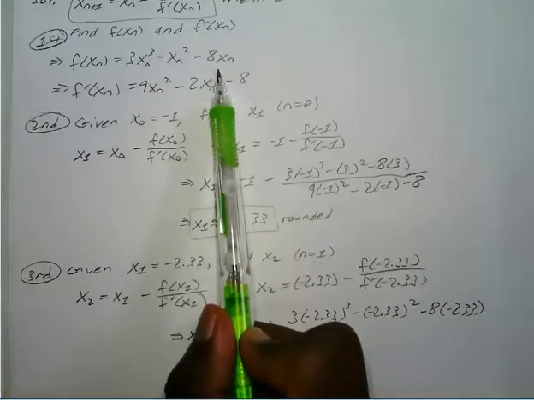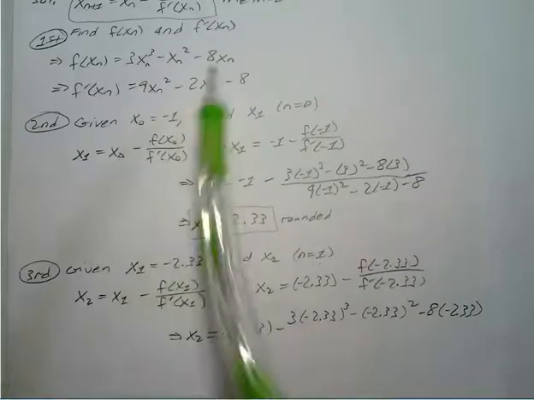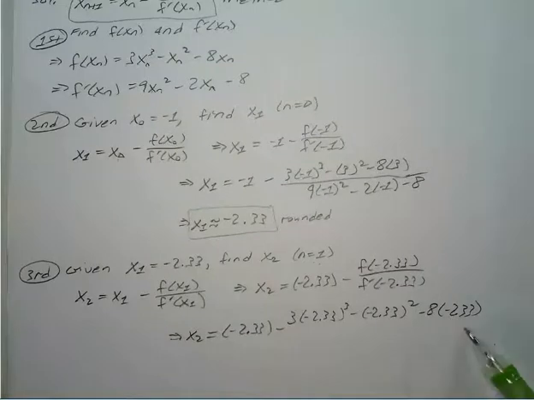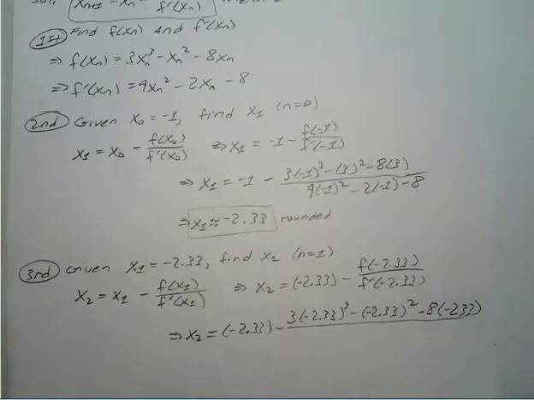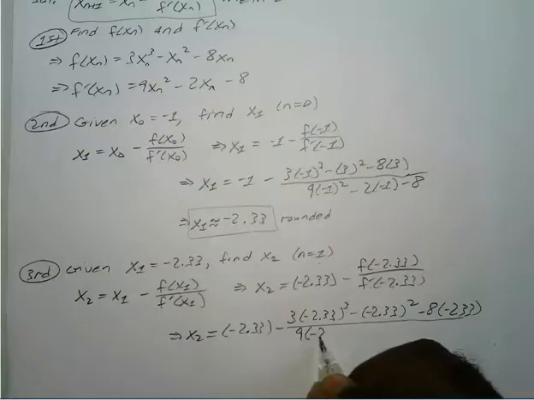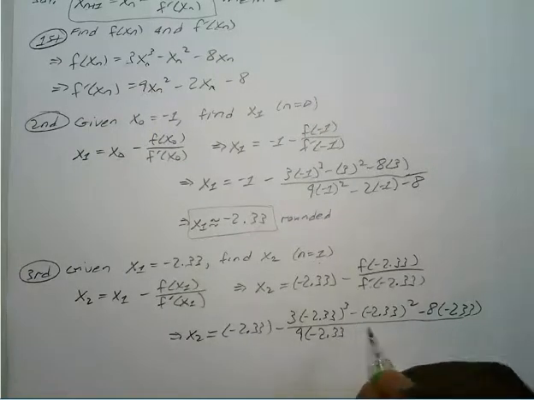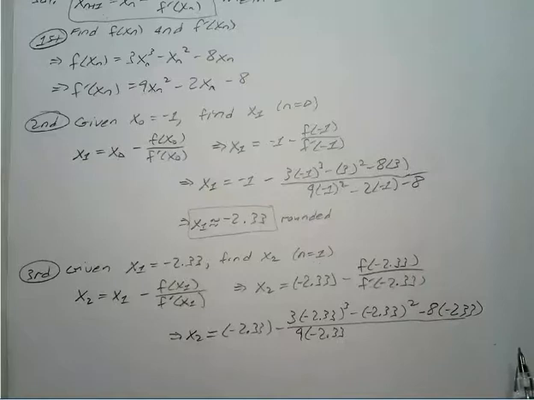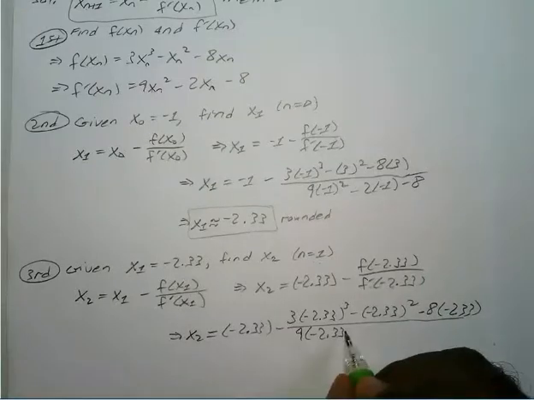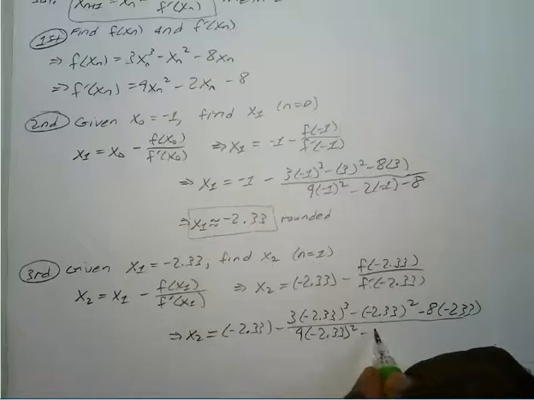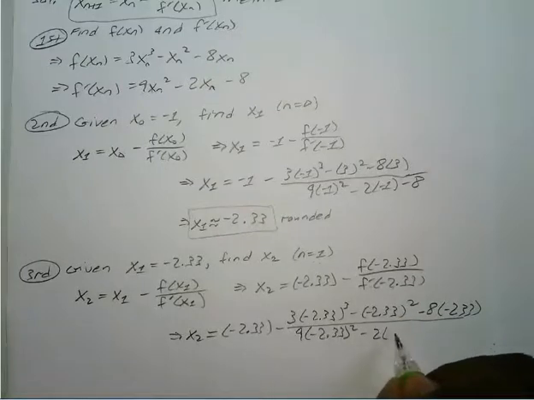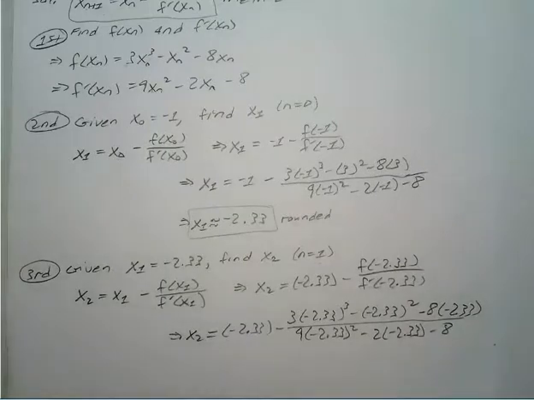I was really close to saying negative 8 times x, but it's negative 8 times negative 2.33. All over your f prime of negative 2.33. So that's 9 times negative 2.33 squared minus 2 times negative 2.33 minus 8.